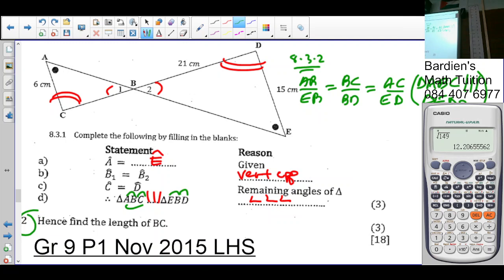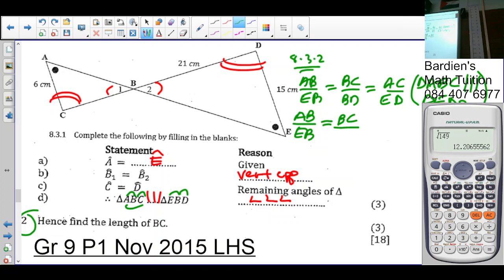So what is the length of AB? Unknown, so you leave it as AB. What's the length of EB? Unknown. What's the length of BC? Unknown. What do we know?